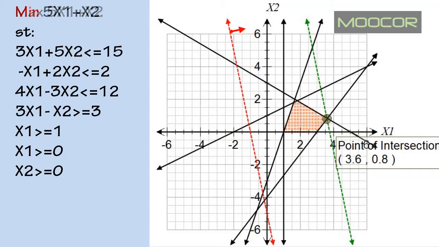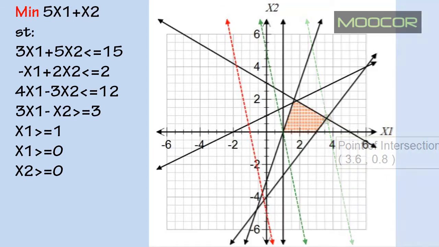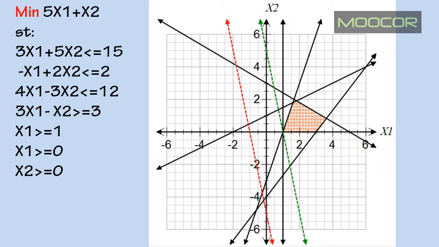Now, if this problem was minimization, let's start from the first line that we drew. We drew the line of z equal -5, or the objective function value equal -5. And I'm trying to minimize the objective function. Well, because the direction of increase is towards the feasible region, that is probably not where I want to go.